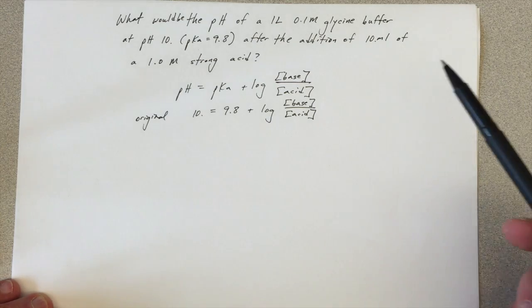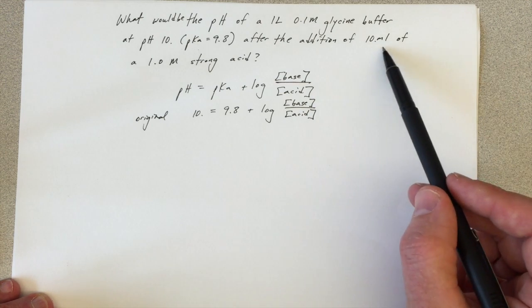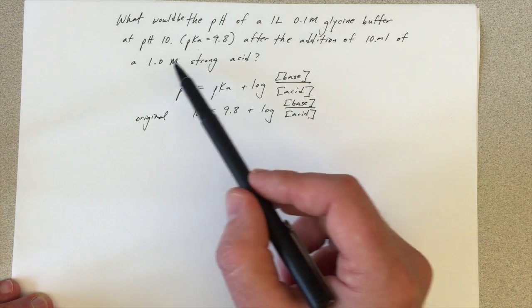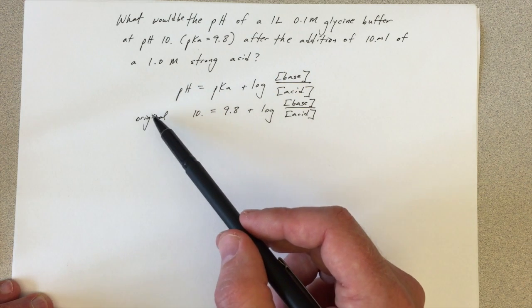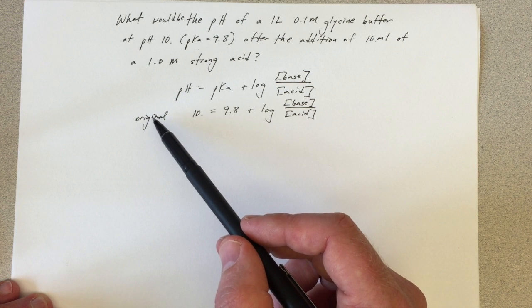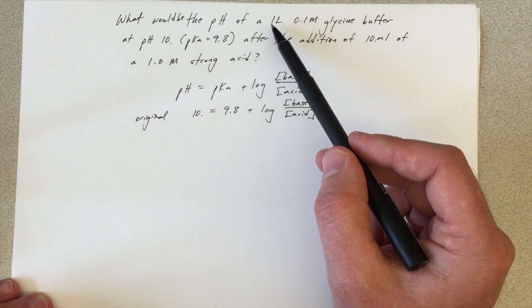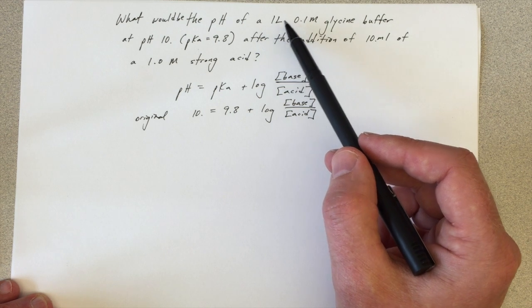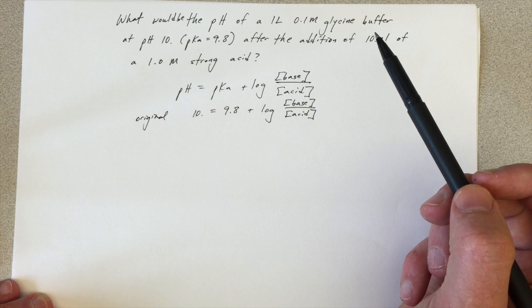So to find another equation, I look at my question and ask, what other information has been given to me? Well, I'm told about the volume and the concentration of the strong acid, but that's not really relevant to my original buffer. I need to figure this out first. Well, I'm told I've got 1 liter of a buffer, and it's a 0.1 molar glycine buffer.